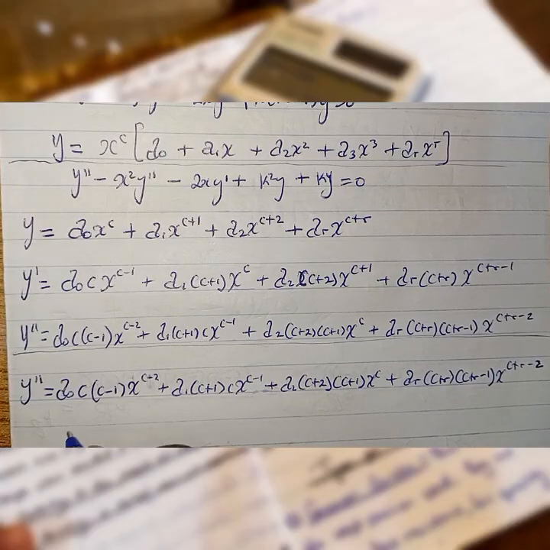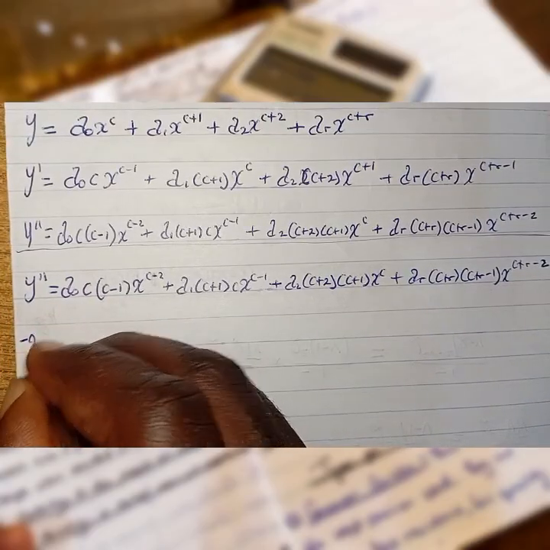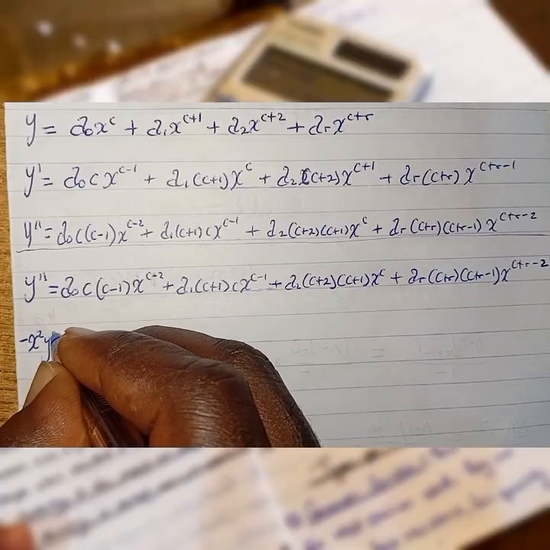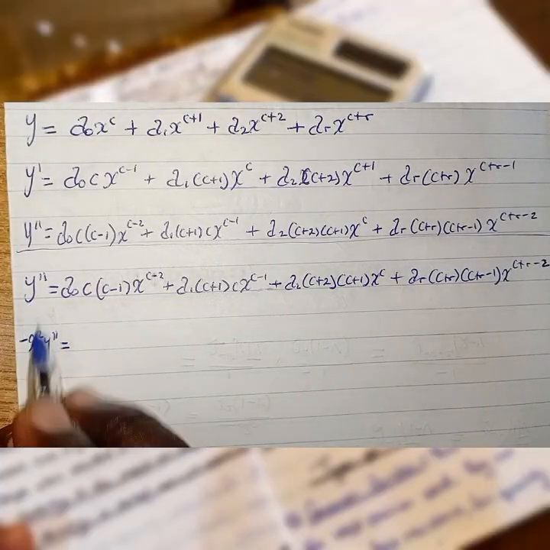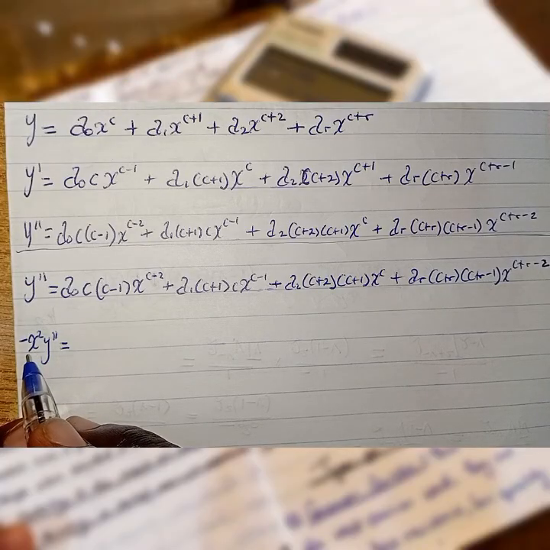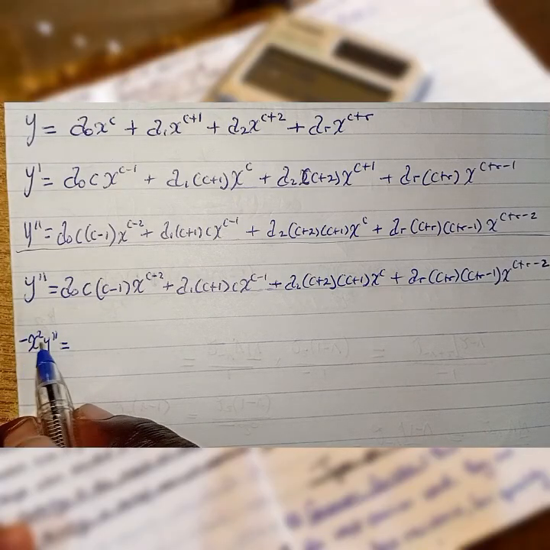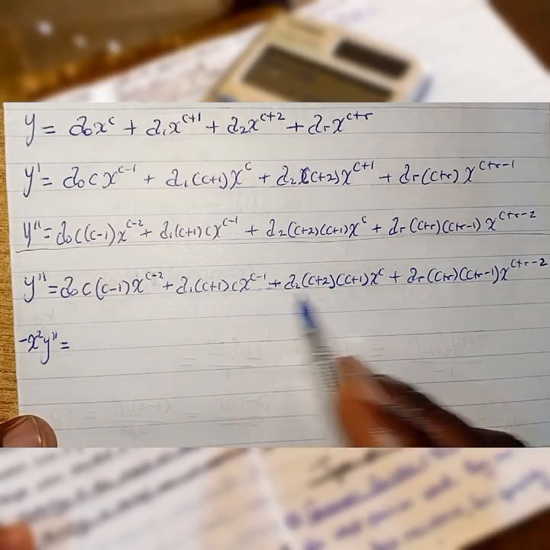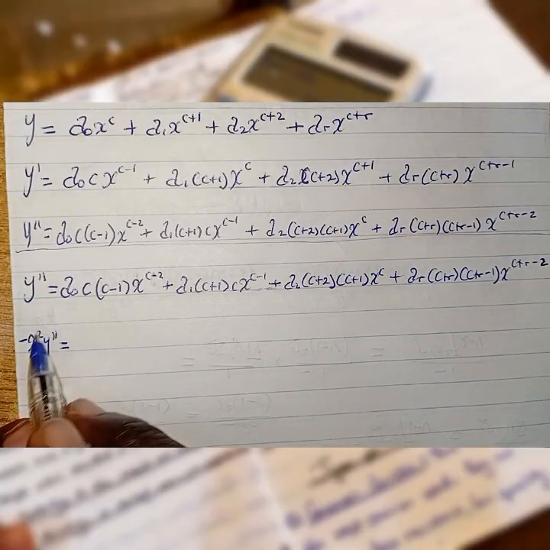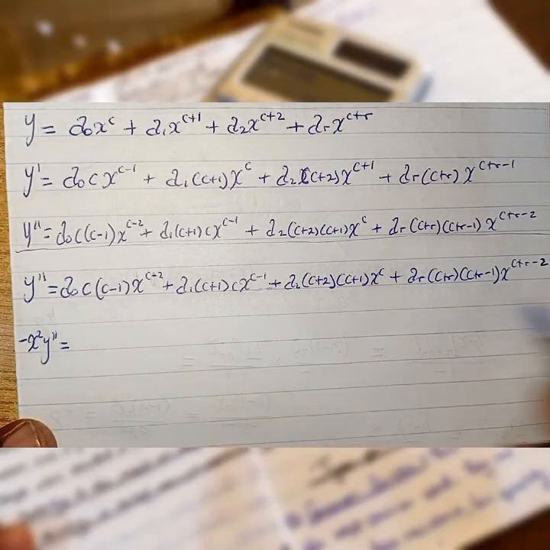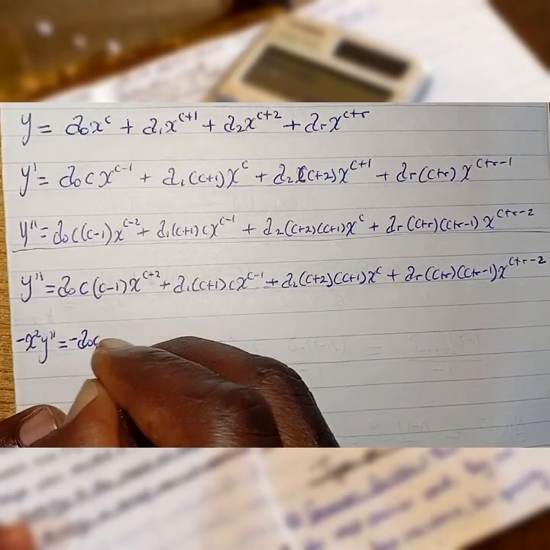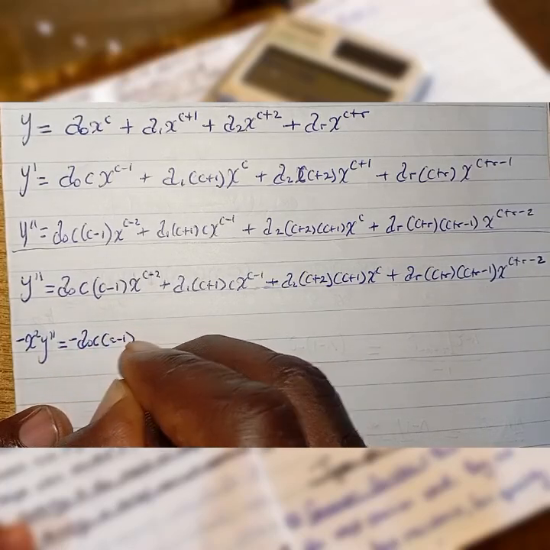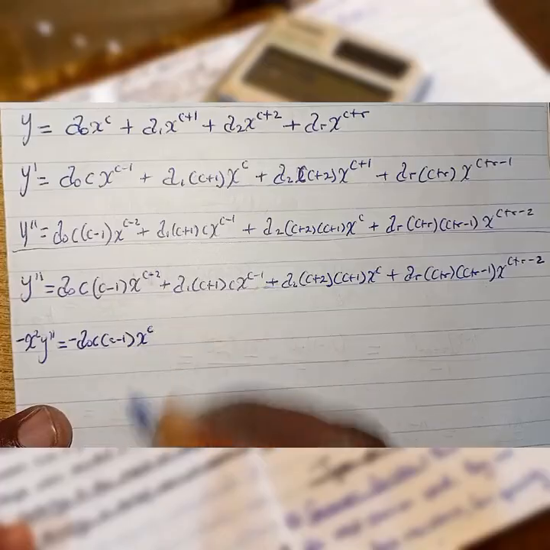Now, the second one is minus x squared y prime prime. Now we have to multiply y prime prime by minus x squared. Which means that every x that we have here, this 2 is going to affect all the x's there. So you're going to have minus a0 c (c minus 1) x raised to power c.